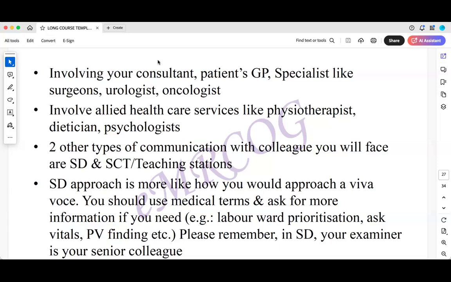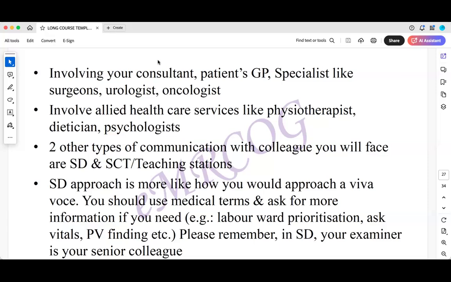Okay, so while you are discussing the plan of management with the patient, you have to tell her about the next step in the management. If you want to arrange a specific investigation, for example, for her not responding to treatment, like hysteroscopy and biopsy, okay, and so on, okay?